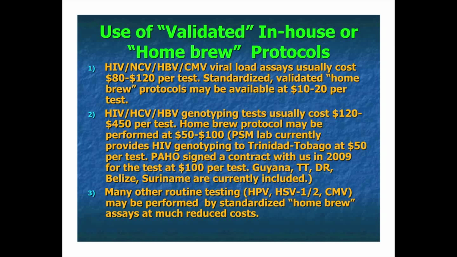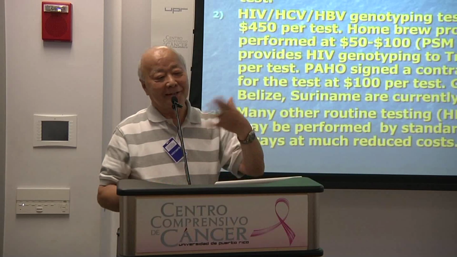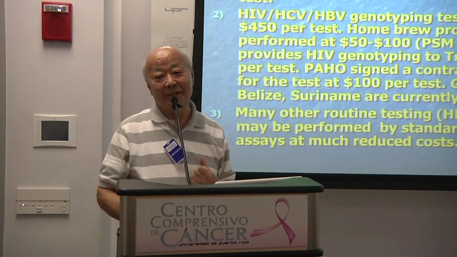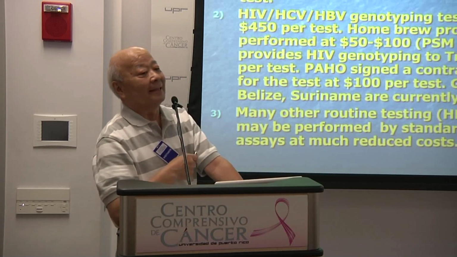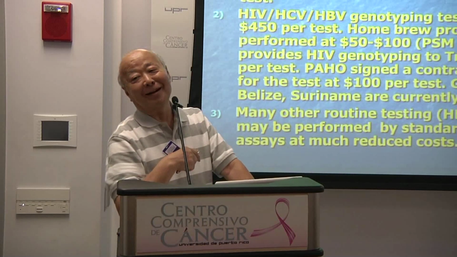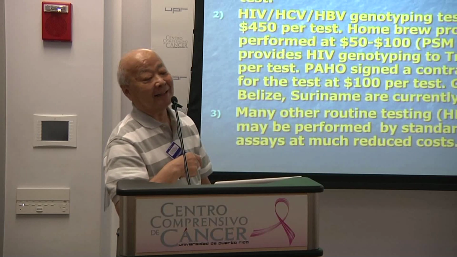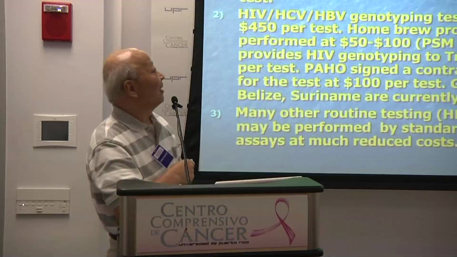Some of the issues we have been promoting, we discussed with some of the UPR group as well. Nowadays, because of the fiscal restrictions, the testing cost has become a very crucial issue.